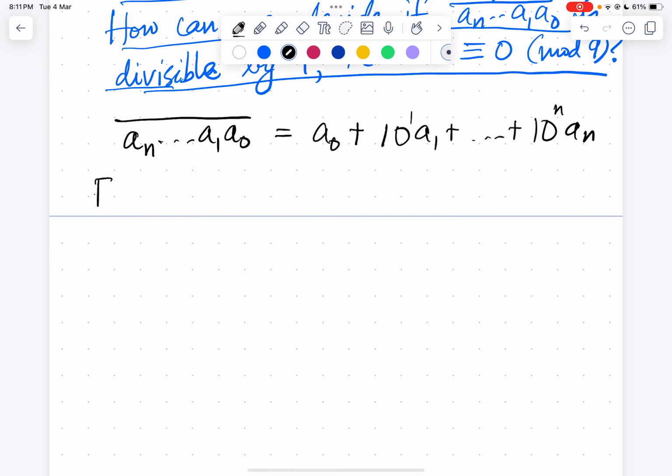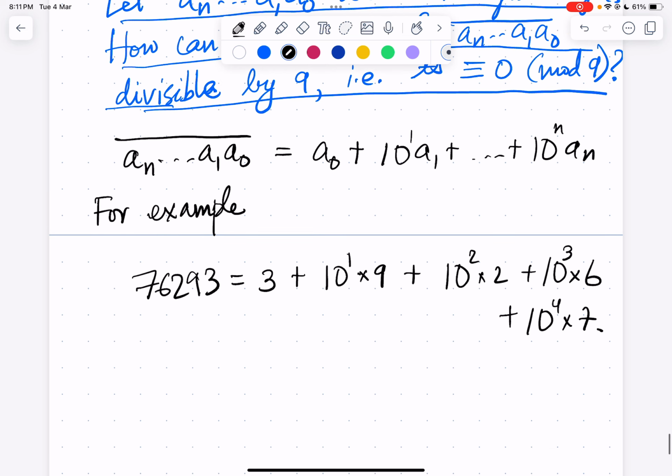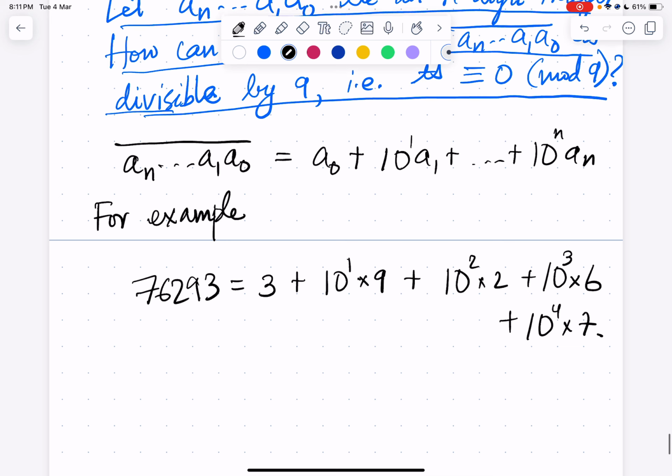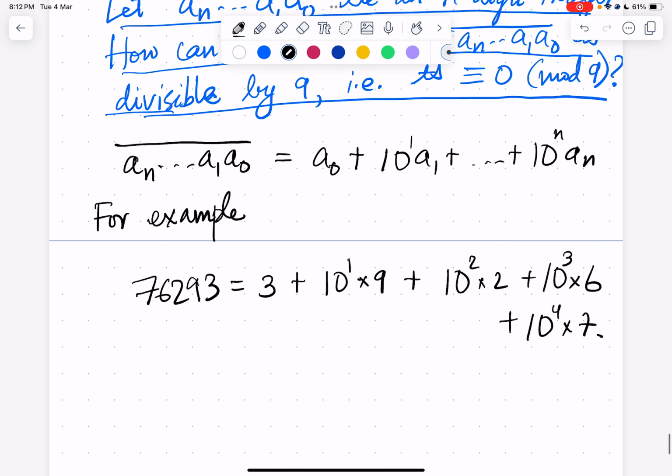For example, 76293 is 3 plus 10 to the power 1 times 9 plus 10 squared times 2 plus 10 cubed times 6 plus 10 to the power 4 times 7. So the n-digit number can be expressed in terms of the powers of 10 by definition.